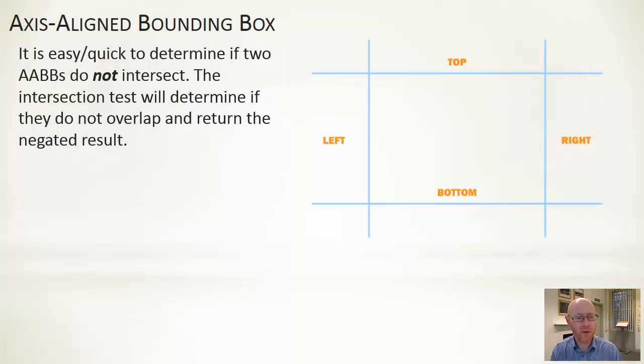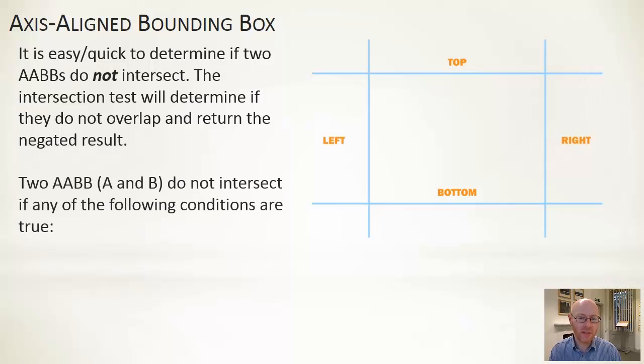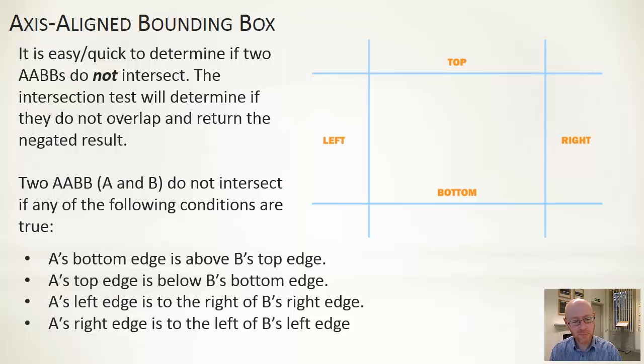So there are 4 conditions which, if any of them are true, mean that they definitely are not overlapped. You can see them at the bottom. Let's say A and B are the names for two AABBs. If the bottom edge of A is above the top edge of B, so where A begins at the bottom, if that is higher than where B ends at the top, then it doesn't matter how else it is positioned, they definitely cannot overlap.